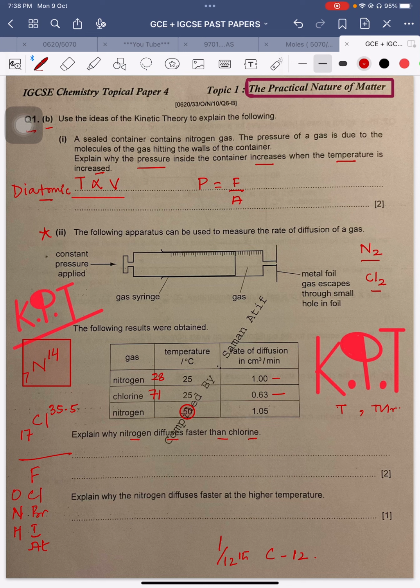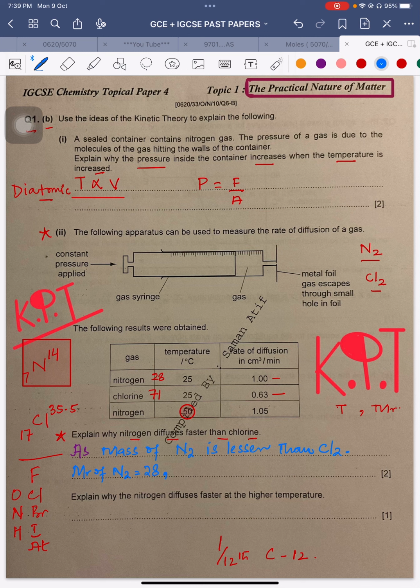Explain why nitrogen diffuses faster than chlorine. We were solving this question. So what is the answer? As the mass of nitrogen is lesser than chlorine, Mr of nitrogen is equal to 28.